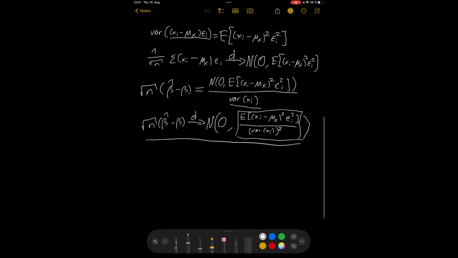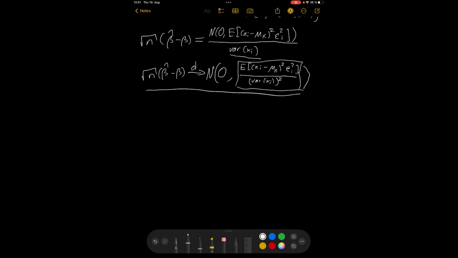Now, just out of curiosity, how do we get here to the standard variance under the homoscedastic case? So in that case, we've got that square root n times (beta hat minus beta) converges in distribution to a normal with mean 0 and sigma squared divided by variance of xi, that's under homoscedasticity.